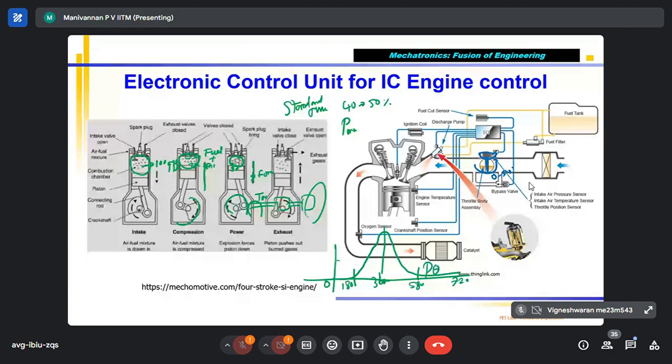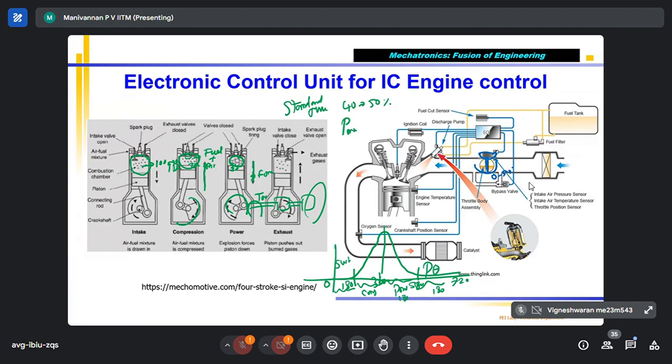So this is called the suction stroke. The suction stroke is 180 degrees of crank angle. This is the compression stroke, again 180 degrees. Then this is the power stroke, 180 degrees. The remaining 180 degrees is the exhaust stroke.